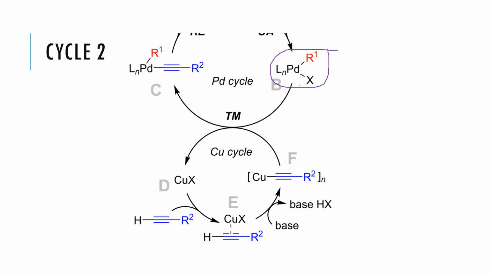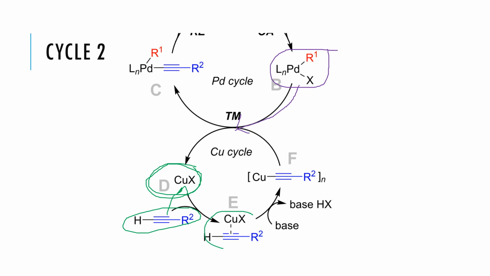This palladium complex then has to interact with the copper cycle. So in order for us to understand the copper cycle, we have to start at a different point. To start over here, you get a copper halide. That copper halide has a ligand attached to it, which is the alkyne, usually through the triple bond.